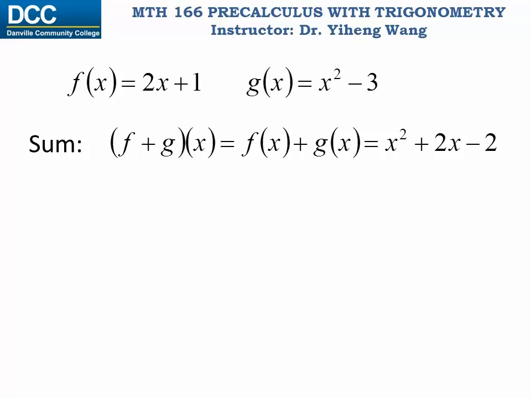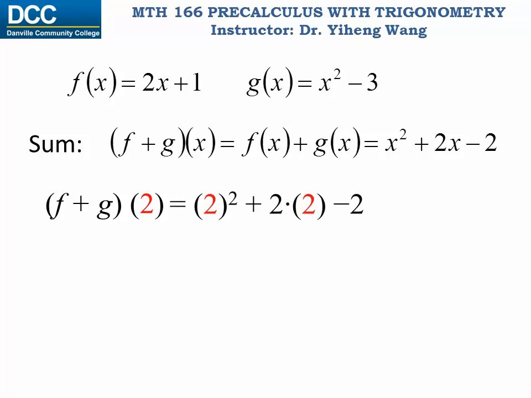If we want to find out the sum function value, for example, at x equals 2, we can use this combined function that we already derived, x squared plus 2x minus 2, and just substitute in x equals 2 and evaluate, and that is 6. But also, we can simply evaluate the original f(x) function and g(x) function individually at x equals 2.